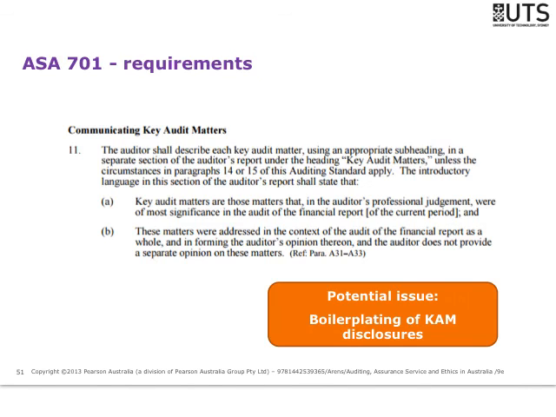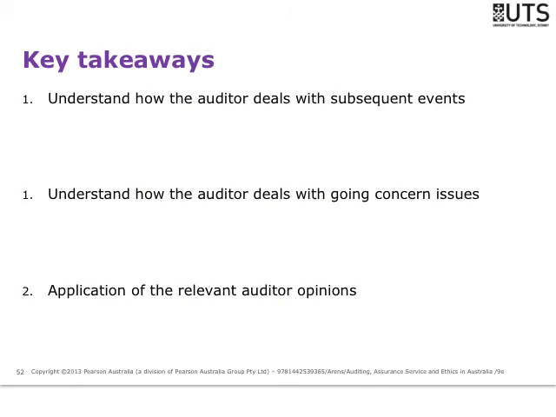Okay, in terms of takeaways, what we want to ensure is that you understand how to deal with subsequent events. So you want to know when to do nothing, note disclosure, or adjustment. Okay, so you need to be very clear as to when to do each of these things when it comes to subsequent events.